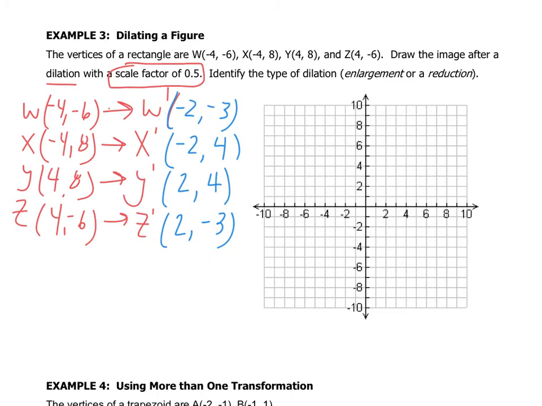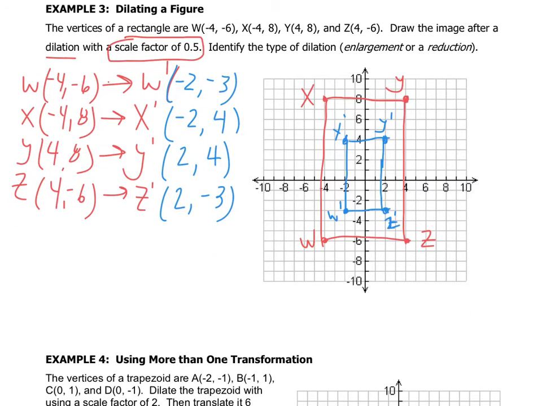I'm going to pause the video, please graph those, and we'll see what we come up with for our picture. So here should be the picture that you have. W, X, Y, and Z is clearly much bigger as it's outlining the smaller shape on the inside. So what we would call this is a reduction.